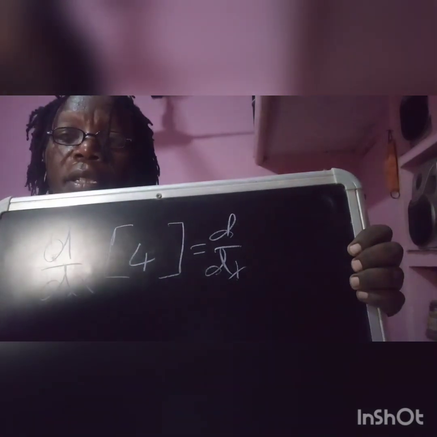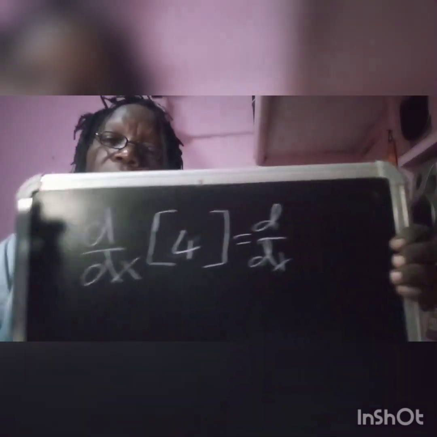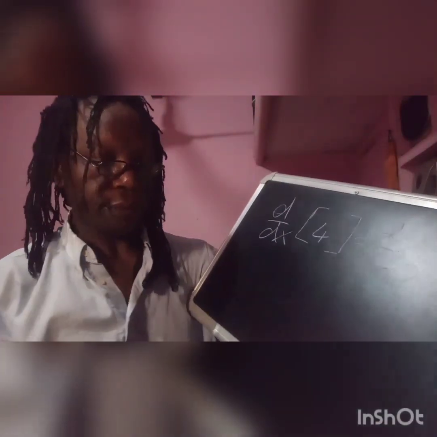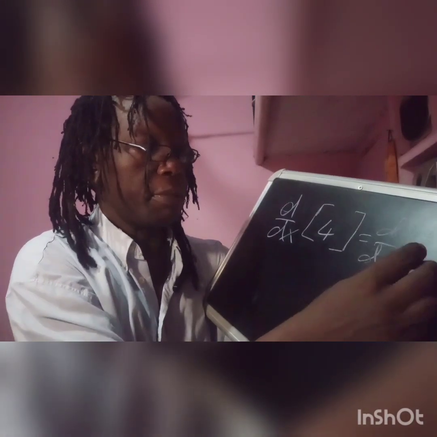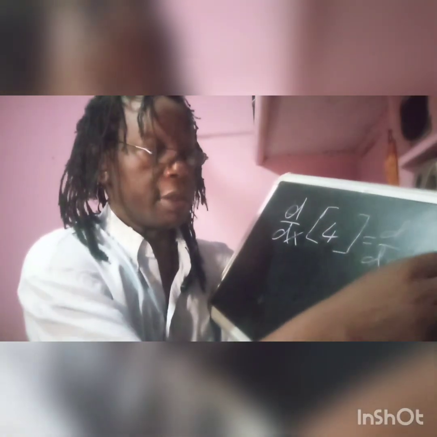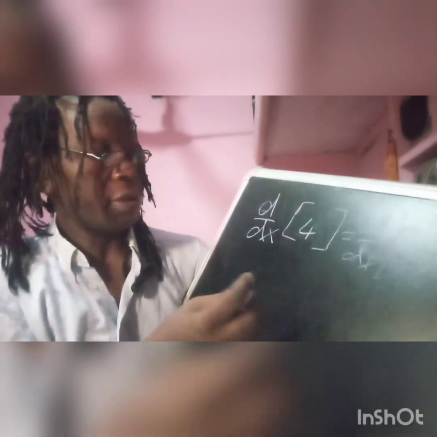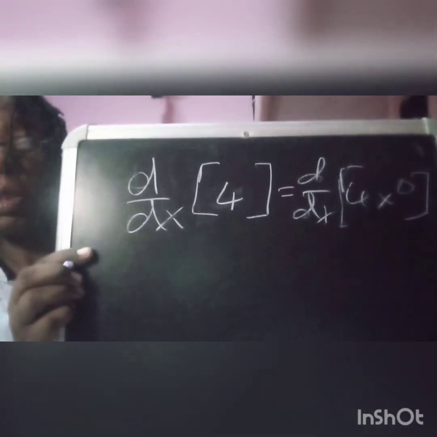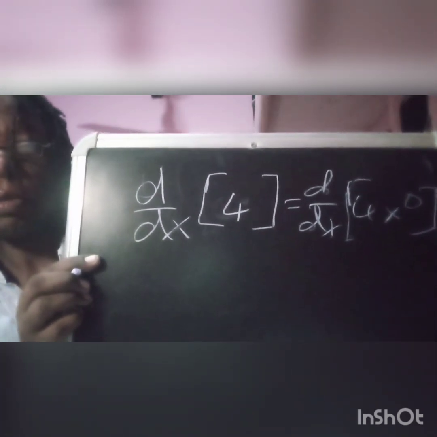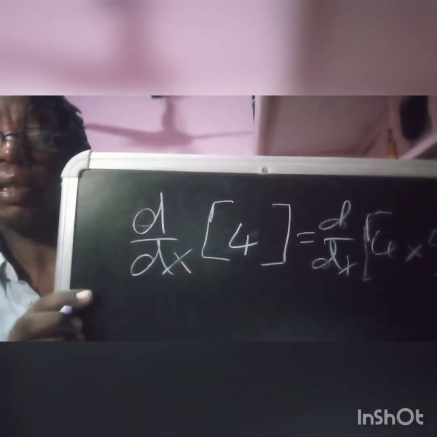Differentiation is just finding the slope of a function. I'm just showing you the example: 4 times x raised to 0. A constant has exponent 0, so we have x to the 0, because when you differentiate x it is just like 1.